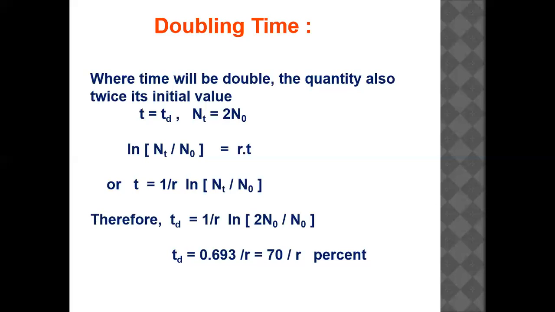So when time is doubled, the quantity also doubles, and the ultimate relation between growth rate and time is td is equal to 70 by r percent.